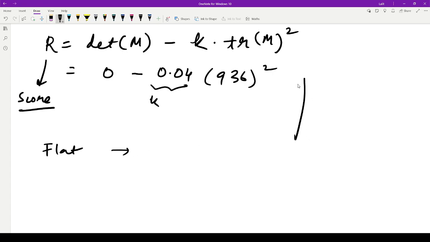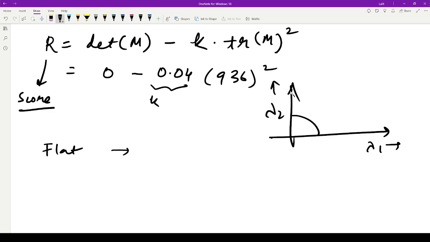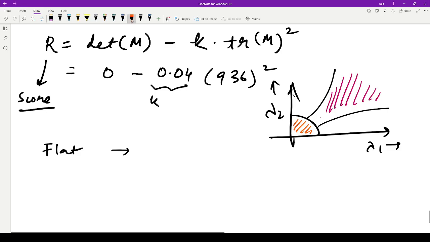Does everyone remember this specific diagram that was given in the class? This is lambda 1 and lambda 2.